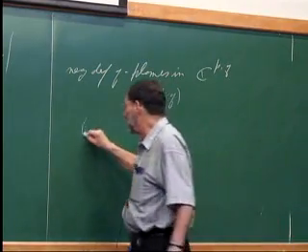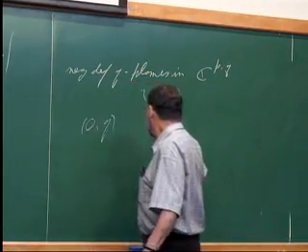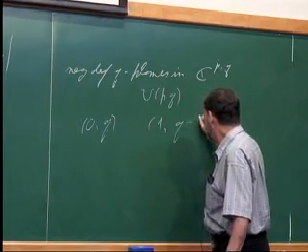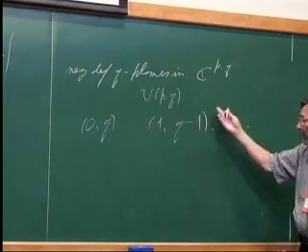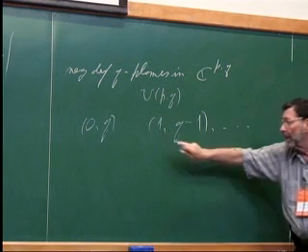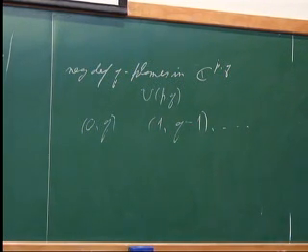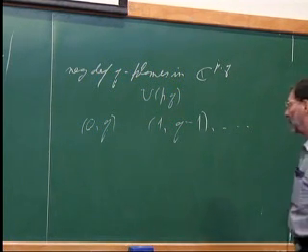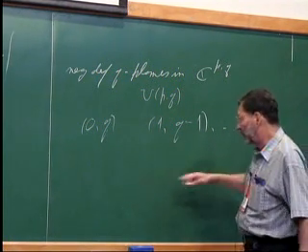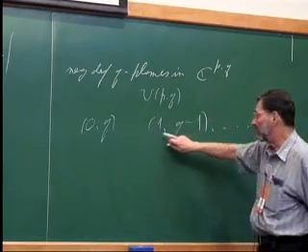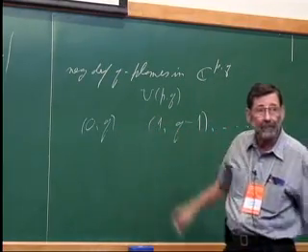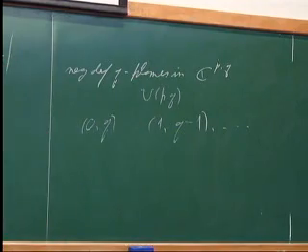So the signature could be (0, Q), or it could be (1, Q minus 1), and so on until this hits 0. But of course, this also has to be bounded by P. Okay, so you see exactly what they are.